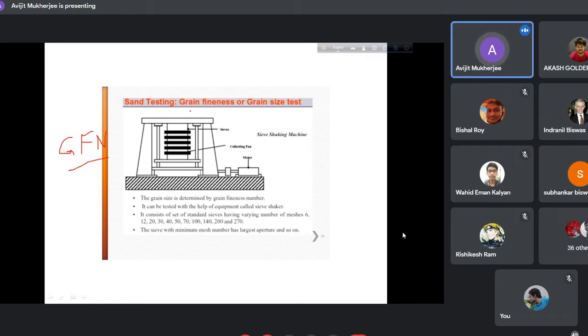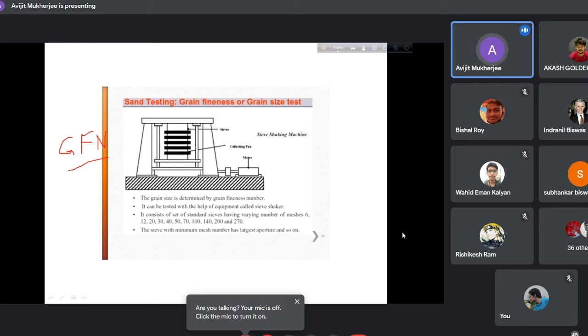The sample, that is dry, you take some sample mixed with clay and water. So the first step is to remove all the dirt, dust, clay, and water. So clean, dried sample sand. Mind that, clean.